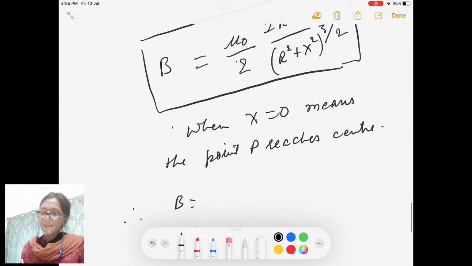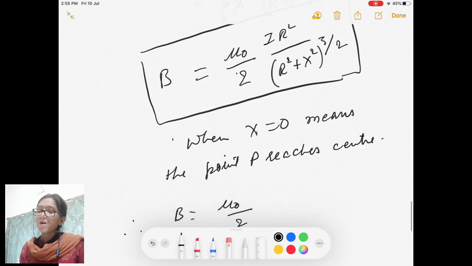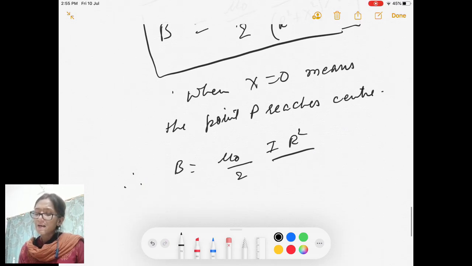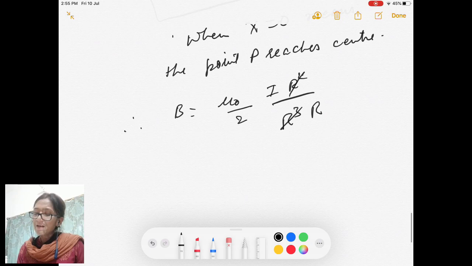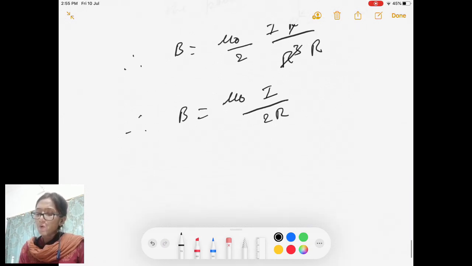Therefore B is equal to mu naught upon 2 I R square upon R cube, and here you are left with R. So therefore B is equal to mu naught I by 2R.